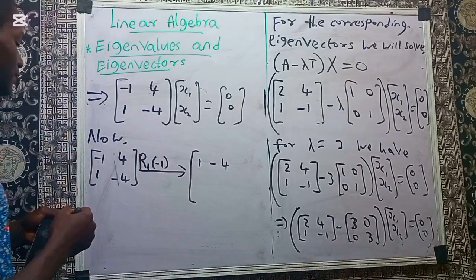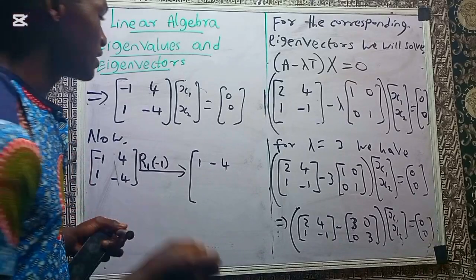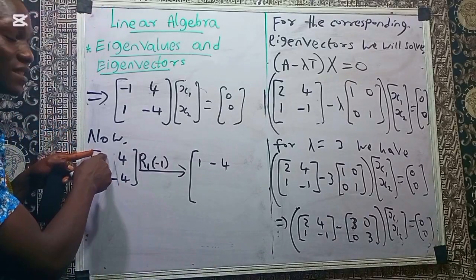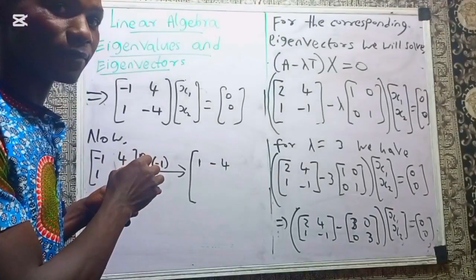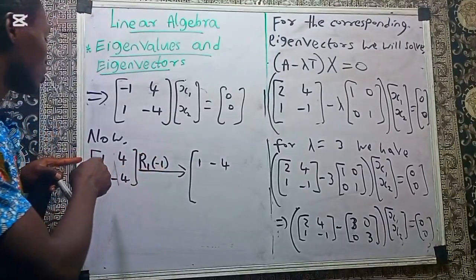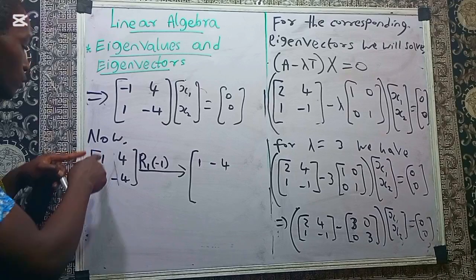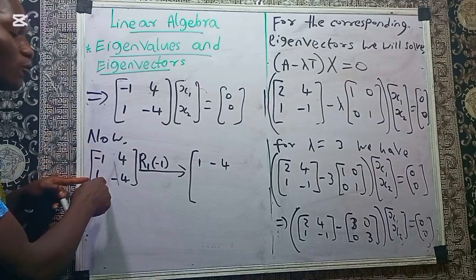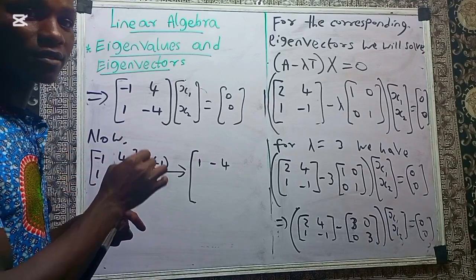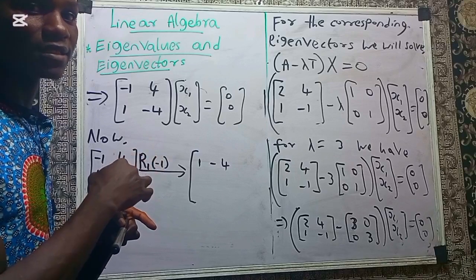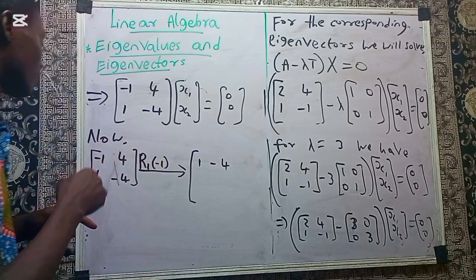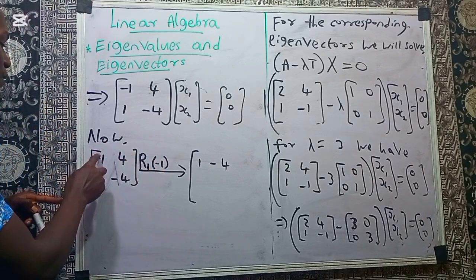So I've done that. Then, the first non-zero number in this row 1 is located at column 1. So we are going to make the entries below that number in that column 0. What is below this 1 in column 1?